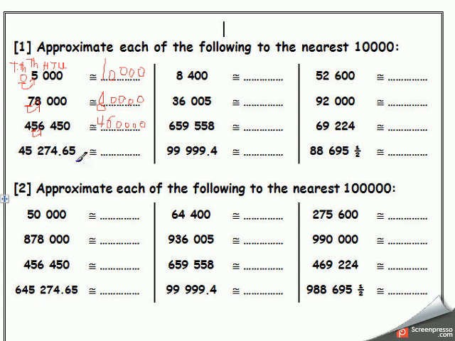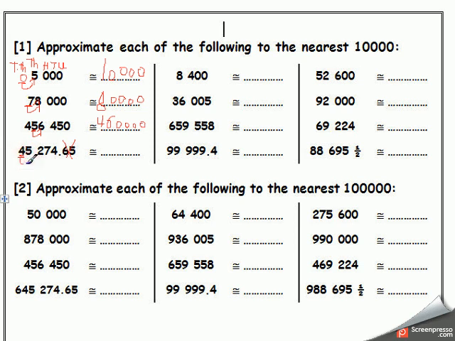The next one. We remove the decimal parts, because now I want to approximate to the nearest 10,000. After that, I should mention the 10,000 digit: units, tens, hundreds, thousands, 10,000. The 10,000 digit here is 4.